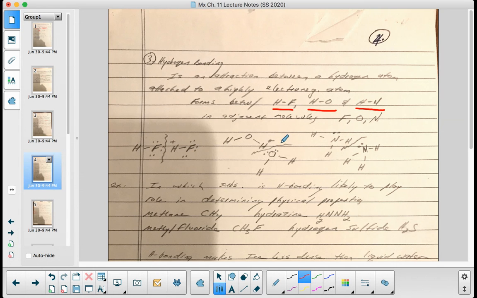It's going to be in between a portion of the molecule that's positive and a portion of another one of the same molecule that's negative. And so that gives you an idea of how that hydrogen bond force forms. So again, dispersion forces are the weakest, and the hydrogen bonding forces are the strongest.